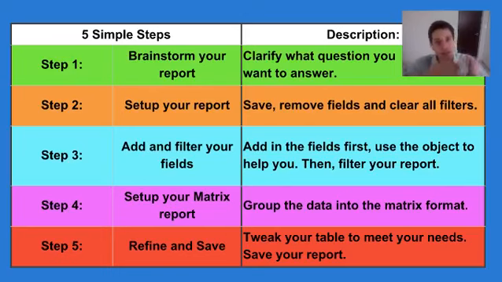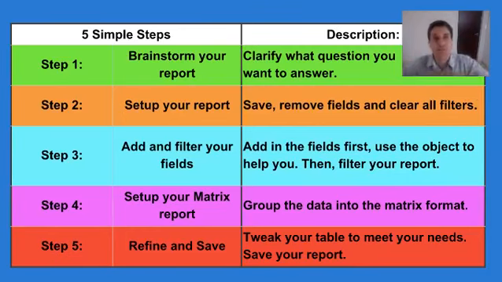So a report is essentially an answer to a question, right? How many sales did I make? The report will help you answer that question. How many accounts do I have? Leads, contacts, these sort of pieces. A report is an answer to a question. And so step 1 is to be very clear about what your question is.